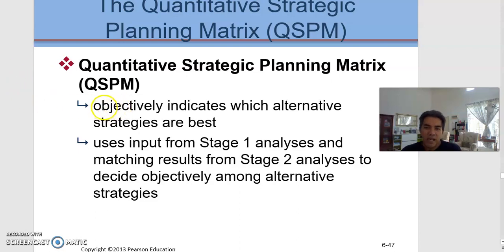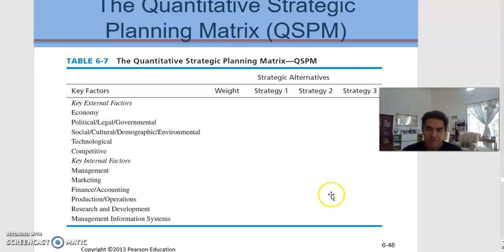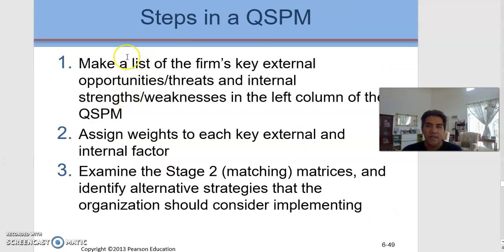The objective is to indicate which of the strategies are the best. So we use the input stage 1 and analysis and matching results from stage 2 to decide objectively among alternative strategies. So what we can do is make a list of the key external opportunities, threats, and internal strengths and weaknesses in the left column of the QSPM.